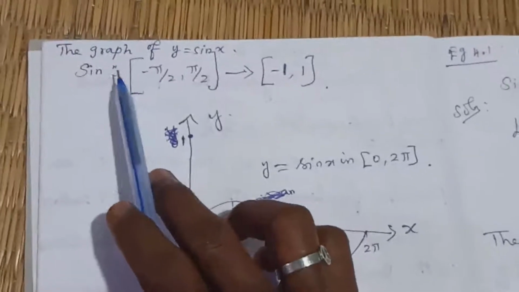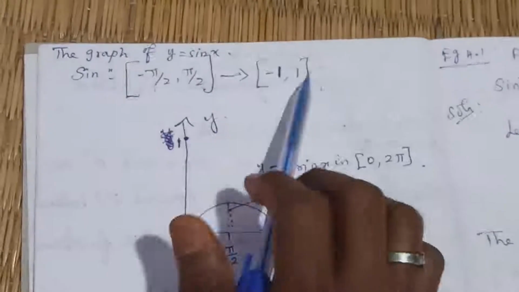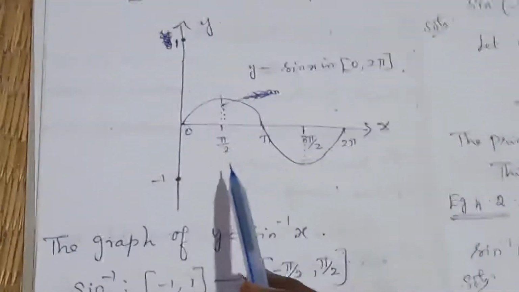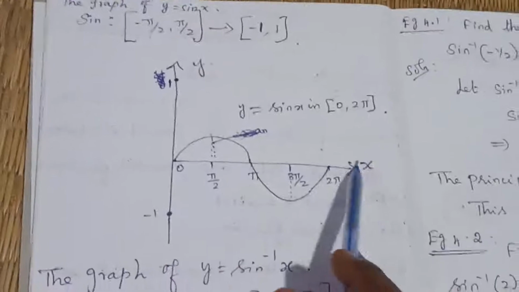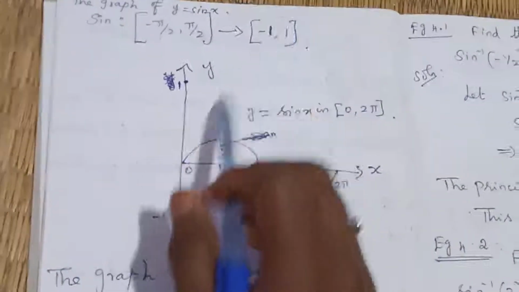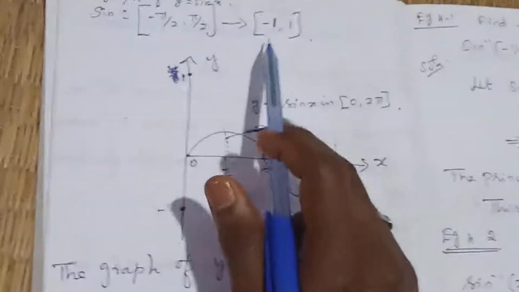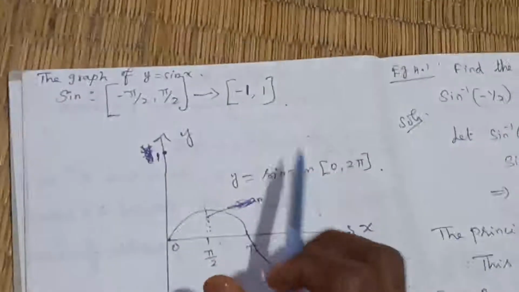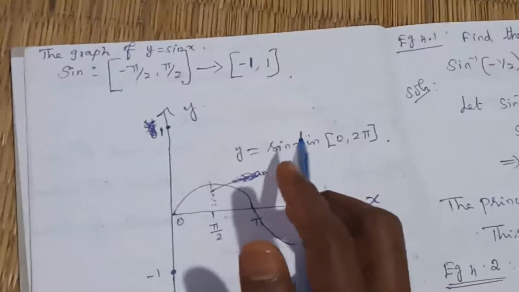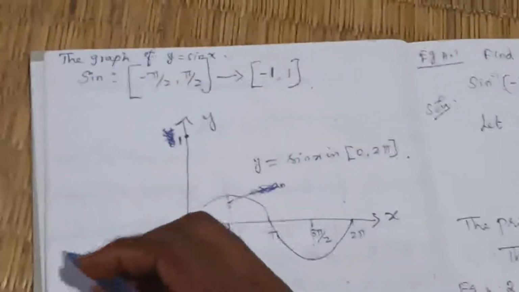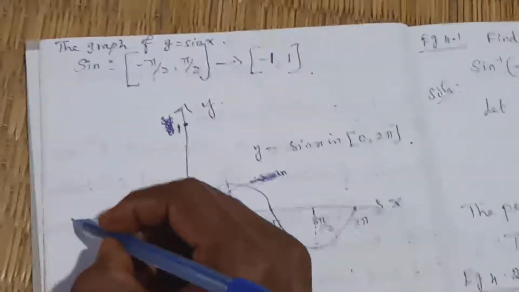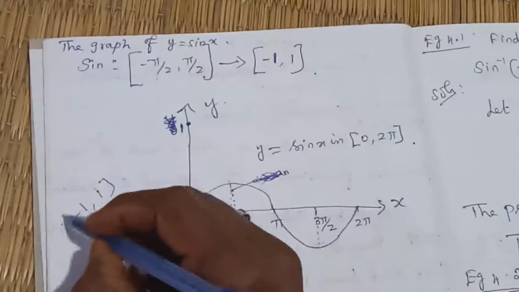Sin definition, domain, codomain. See, domain is plotted on the x-axis, codomain is plotted on the y-axis. This is 1 and this is -1. It is a closed interval. See, there are so many differences between closed interval and open interval. Suppose -1 comma 1 is a closed interval.